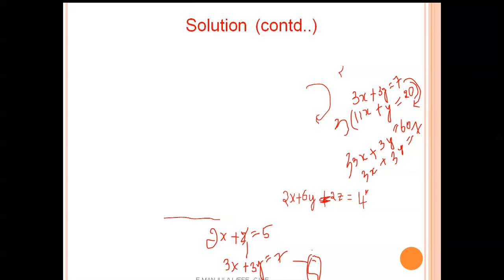So minus and minus, you will get 30x is equal to 53.